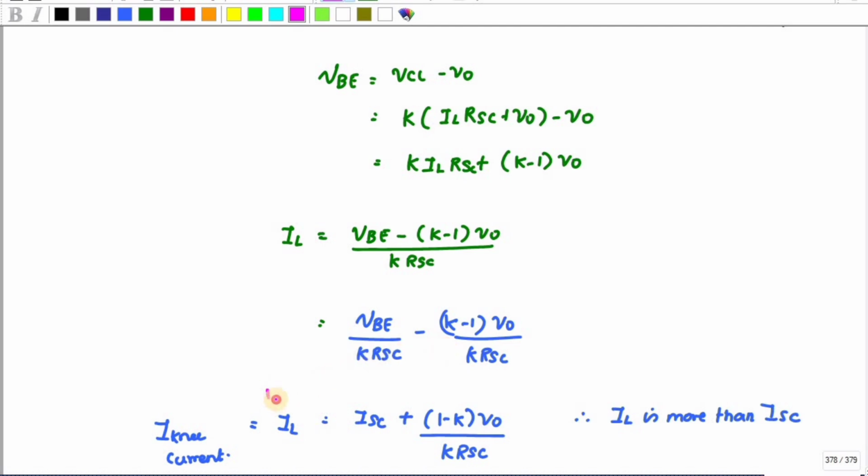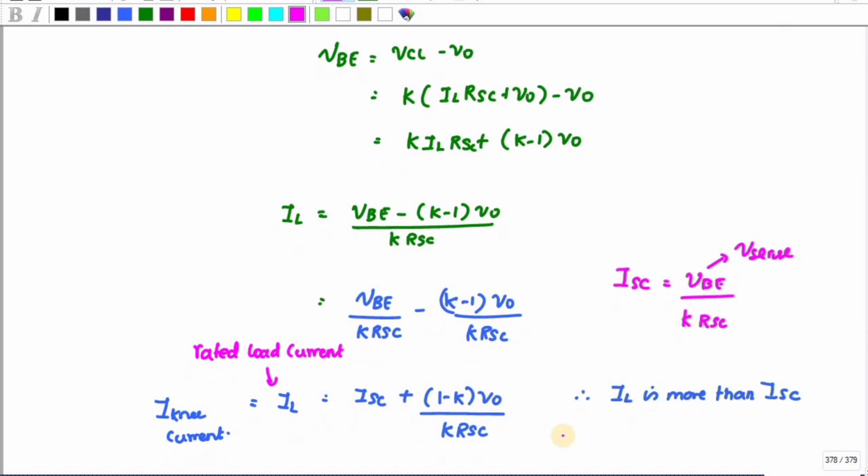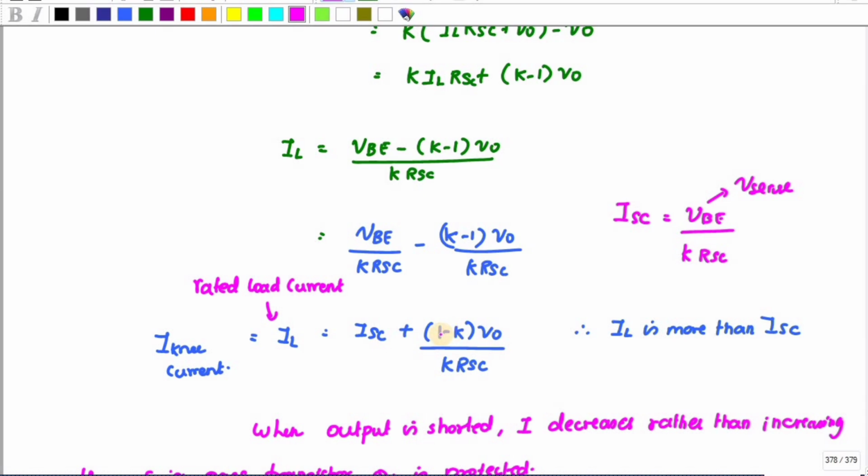This IL represents the rated load current, also called the knee current, and the first term I am going to write as ISC. ISC is equal to VBE, which is nothing but my V sense, divided by K into RSC, plus K minus 1 into V0 divided by K into RSC.